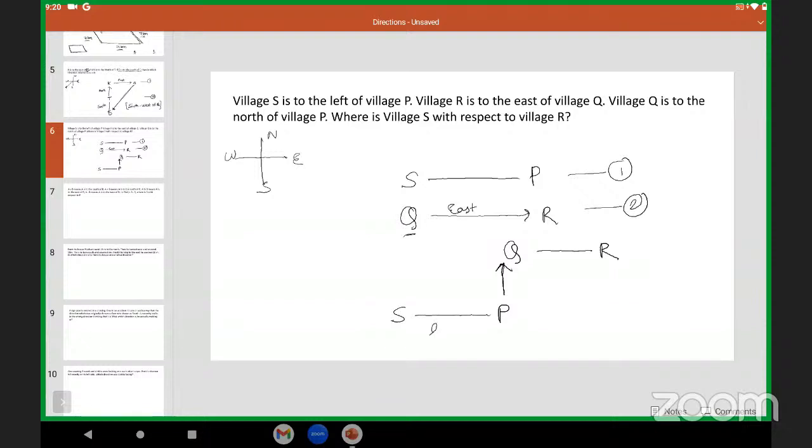So this is the left, as it was said that village S is to the left, and this is east. And this will be its north direction. The question asked is, where is village S with respect to village R? Again, this is a direction like this, so it has to be southwest. So the answer is southwest.